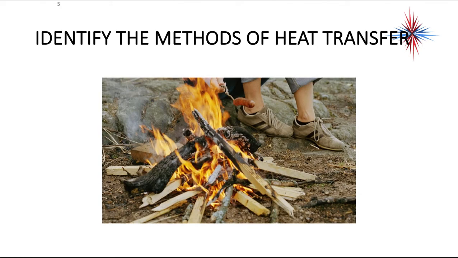How about this one? Where do I have convection? Where do I have conduction? And where do I have radiation? Conduction, the wood to the ground. Convection, the fire to the air, the natural air currents. Radiation, the fire to the surrounding rocks and legs.